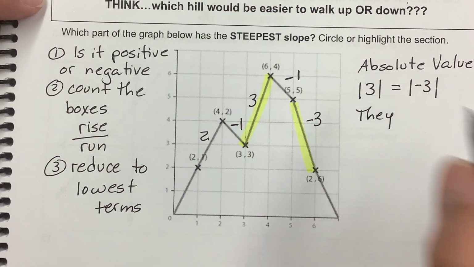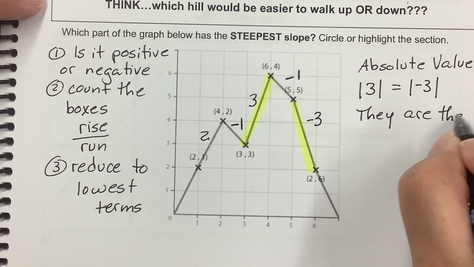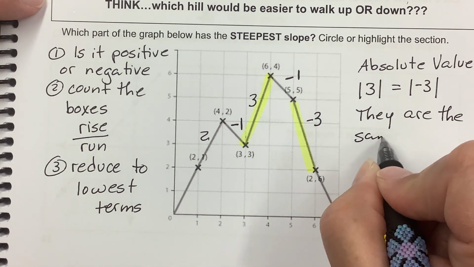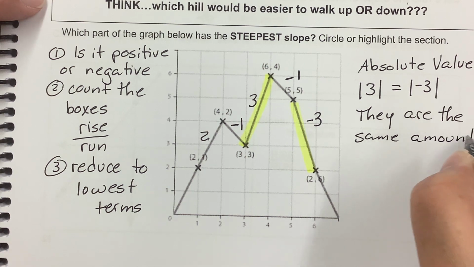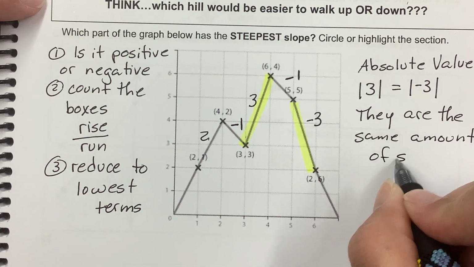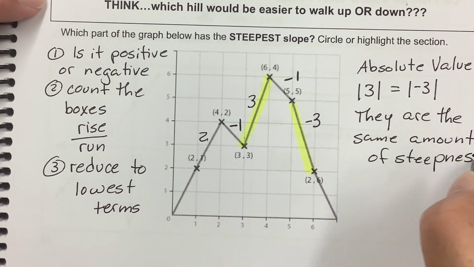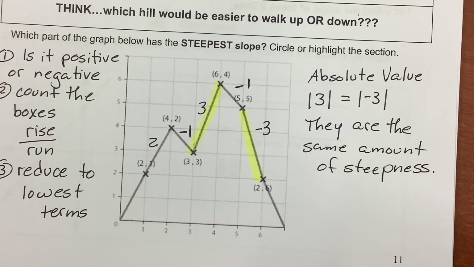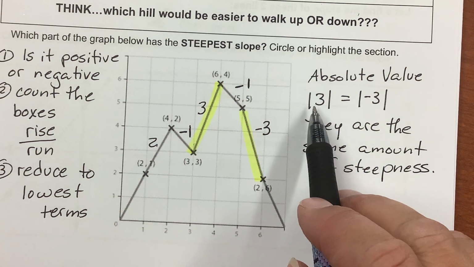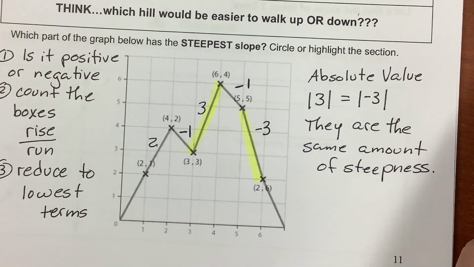Only one's going up and one's coming down. All right, so whether you're going up or going down, it's the same amount of steepness. So the absolute value of 3 is equal to the absolute value of negative 3. All right, have a good day, and I will talk to you soon.